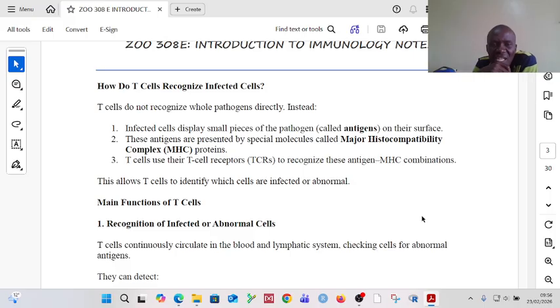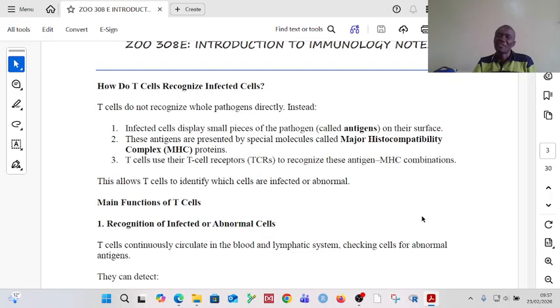But those antigens have to be presented by a special molecule which we call the MHC protein. So the MHC protein combines with the antigen before it can be presented and recognized by the T cell using the T cell receptors. Okay, so without the MHC protein, the antigen cannot be recognized by the T cell receptors.